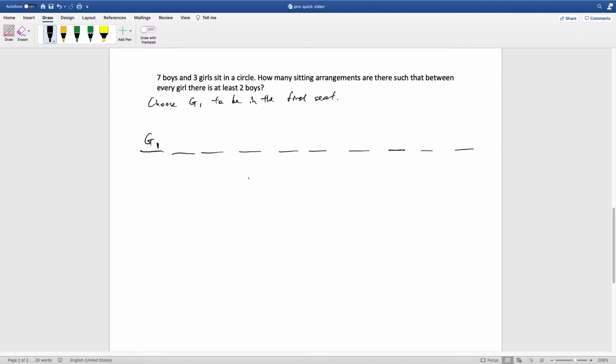So there are 3 possible cases. Number 1 is this girl 1, and then we leave 2 seats for the boys, and then another girl, and we leave 2 seats for the boys, and then the girl. The other case is girl 1, we leave 2 seats for the boys, girl, then we leave 3 seats for the boys, and then the girl, and then we leave 2 seats.